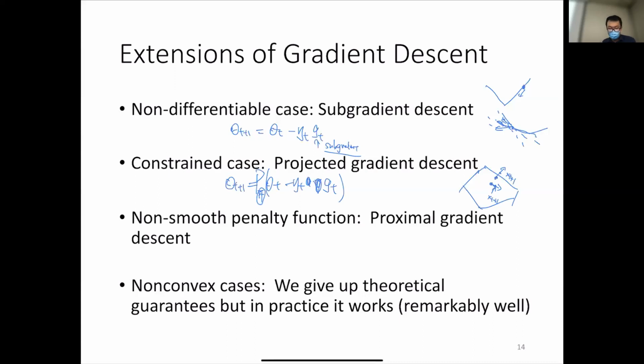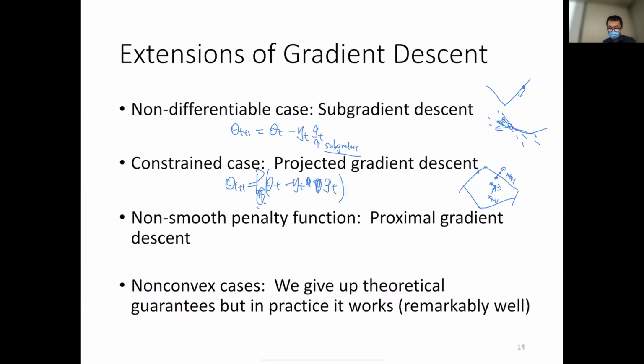Provided that this set is a convex set, this algorithm is also known to work, and it gives you the same rate and the same convergence guarantee as that of the standard gradient descent or the subgradient descent for the respective family. So in this case, it handles the constraint sets at ease without any additional issues.